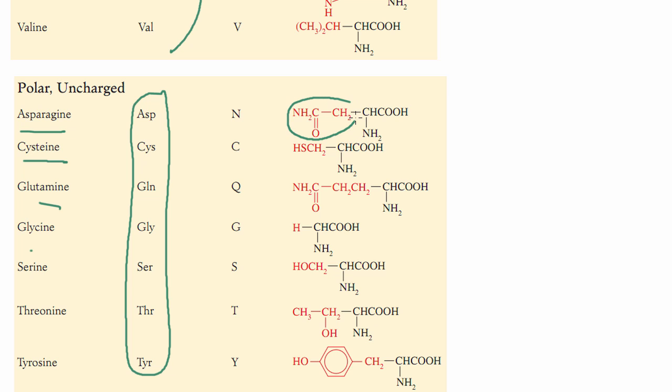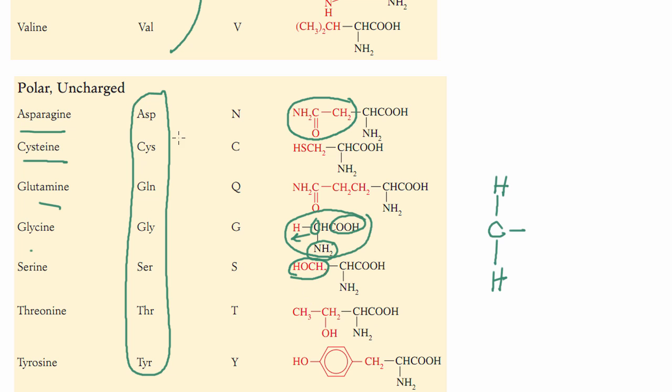This one, for example, has this carbonyl group and this amino group, so this is very polar. Here we have a side chain that contains this group, and again, you've got this carbonyl group, and that is going to be polar. So these are all the polar side chains.